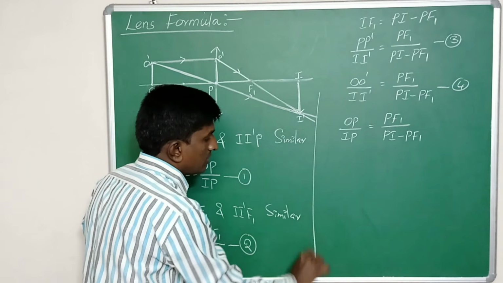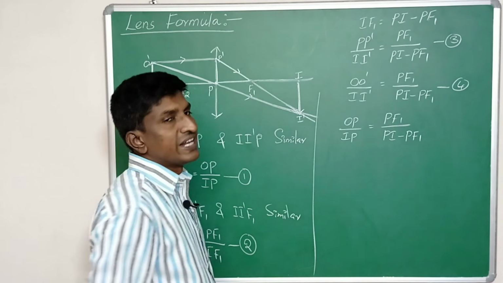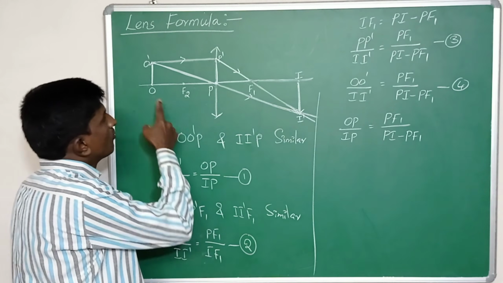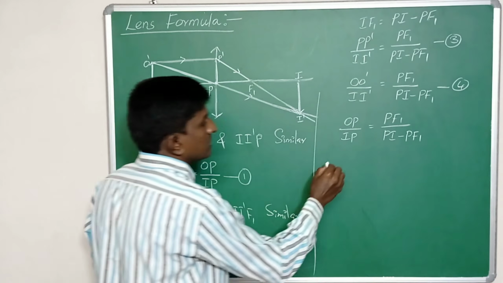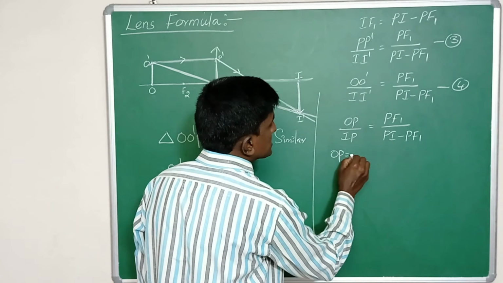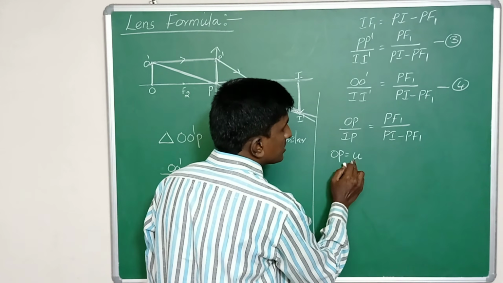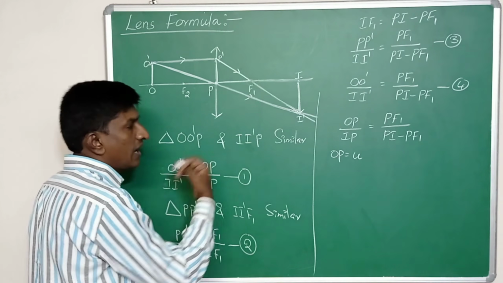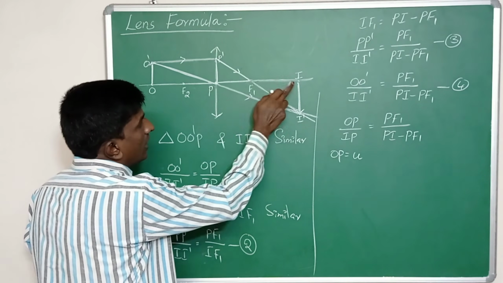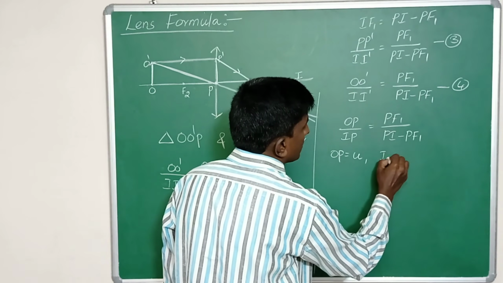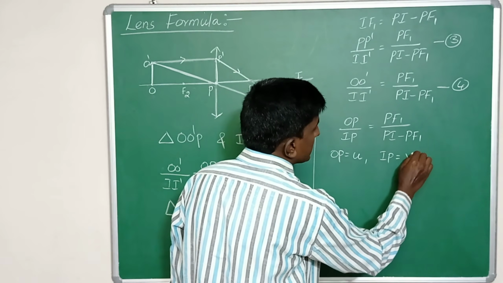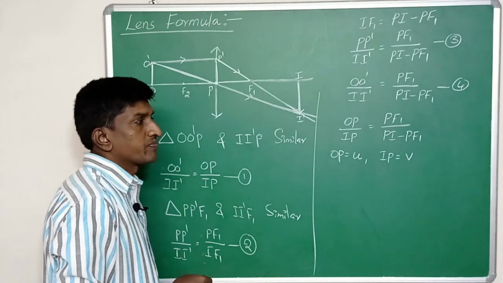Then what are these values? OP is the distance of the object, denoted with u. IP is the distance of the image, denoted with v.